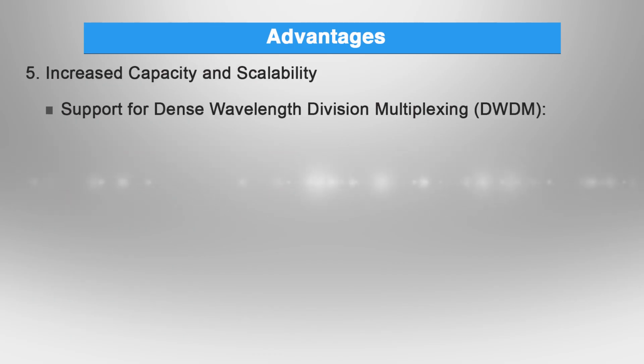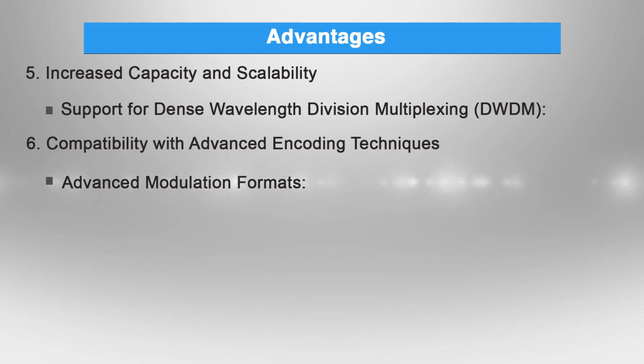The next advantage is increased capacity and scalability, which means support for dense wavelength division multiplexing, DWDM. Optical modulation techniques enable the use of DWDM, which allows multiple data streams at different wavelengths to be transmitted simultaneously. This significantly increases the capacity of optical networks.